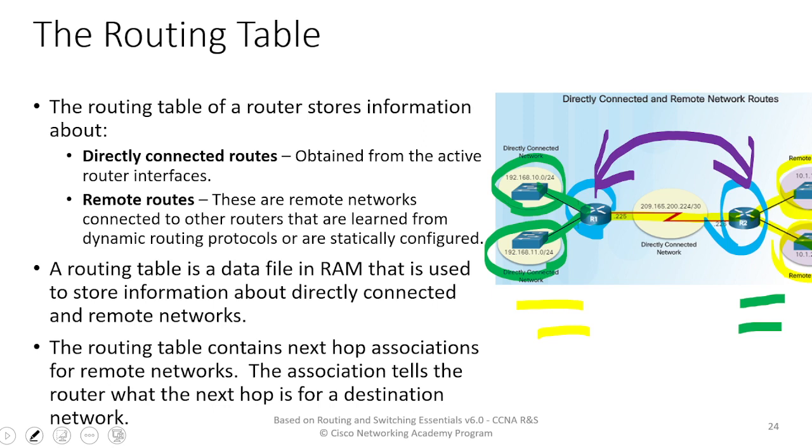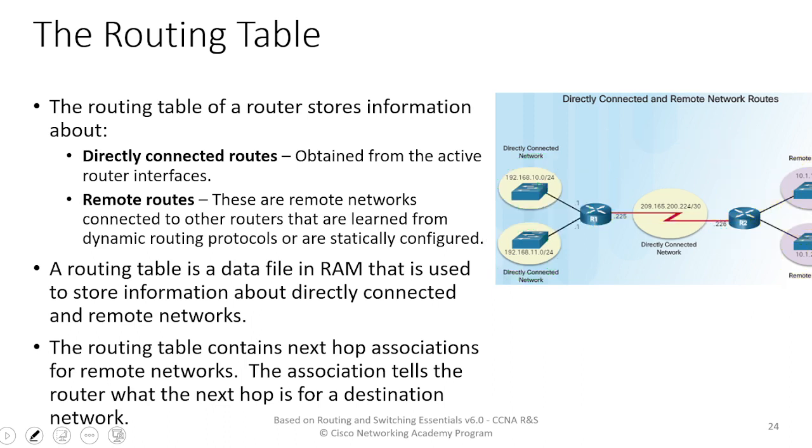Say, if a packet comes from this network router and the destination is here, then the routing table here would identify the next stop as this router, and that router will figure out what to do with it. So it doesn't need to know anything further beyond that point. It needs to know the next point to forward to, and after that, that router can decide what to do beyond that point. That is essentially how routing tables are used.